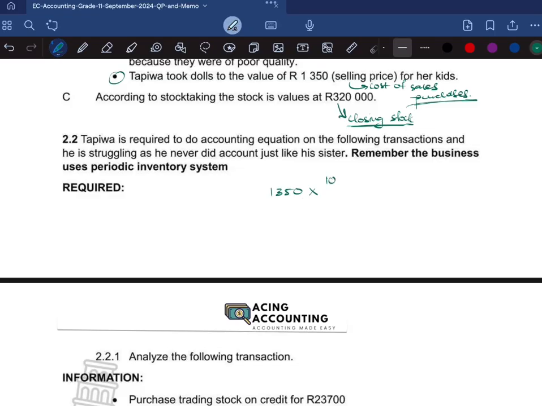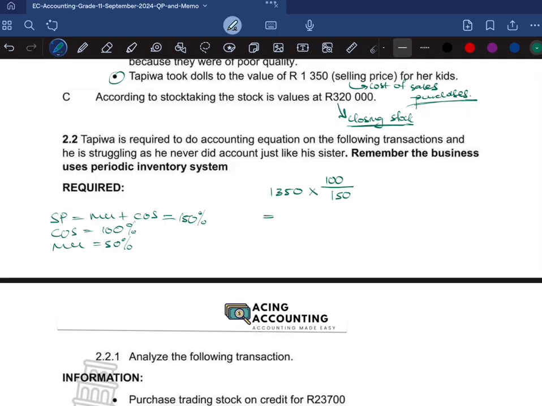And what we want is cost of sales, which is 100 over what we know, that's 150. If you're getting a bit confused, remember that your selling price is your markup plus your cost of sales. Here, your cost of sales is 100% and your markup is 50%. So in that case, we know that our selling price is 150%. So that is what we know. This is what we want.